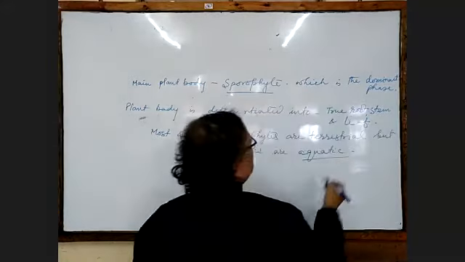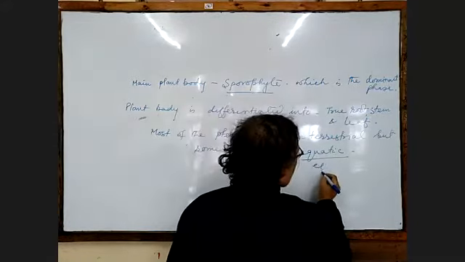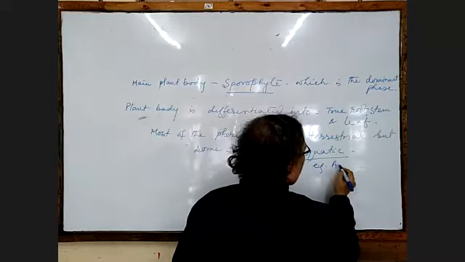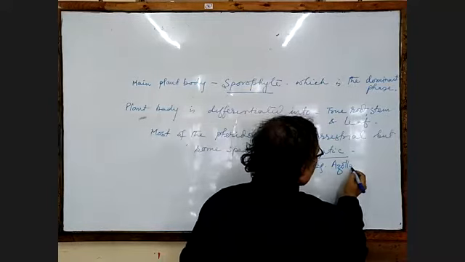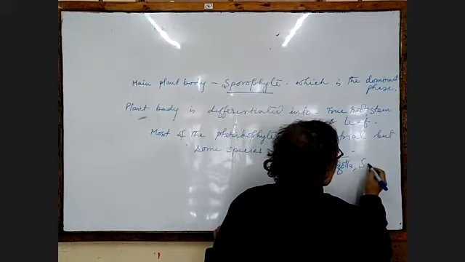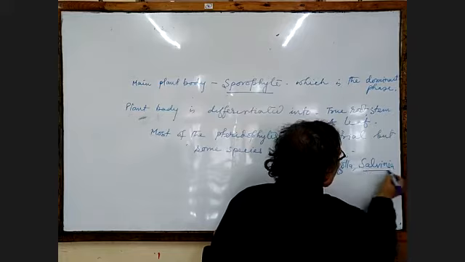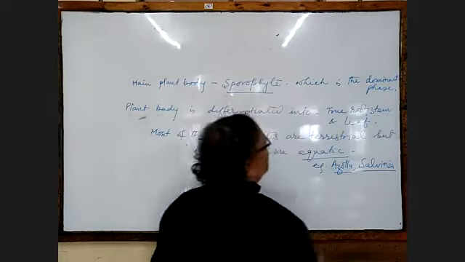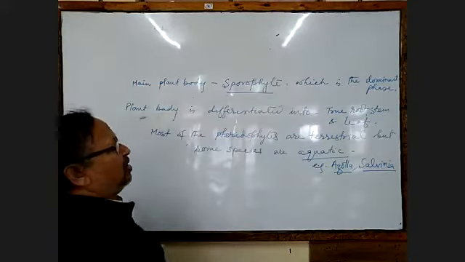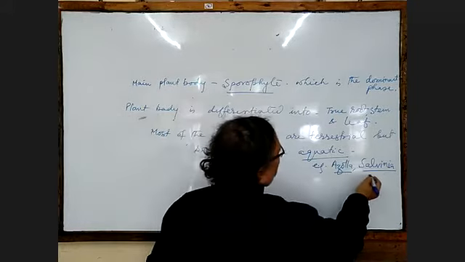Aquatic species like, for example, Azolla, Salvinia. These are aquatic ferns. Okay. Marsilia also is there.